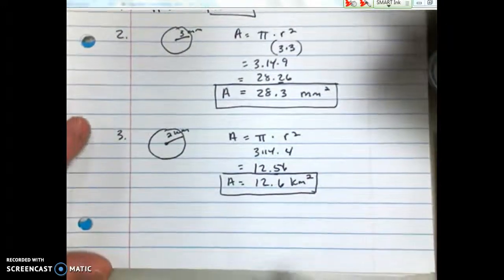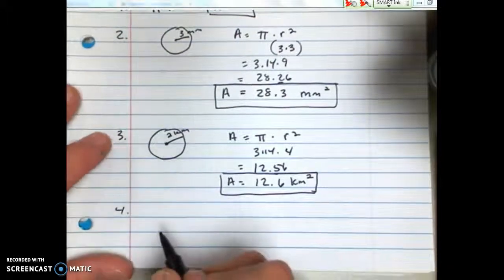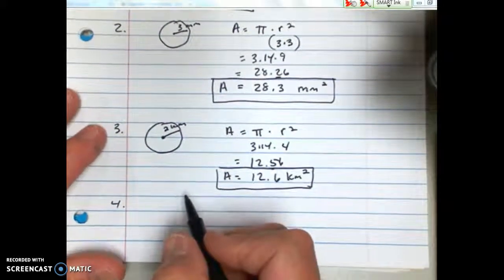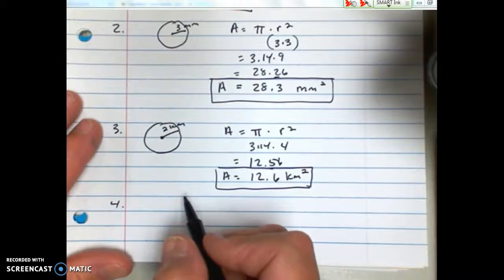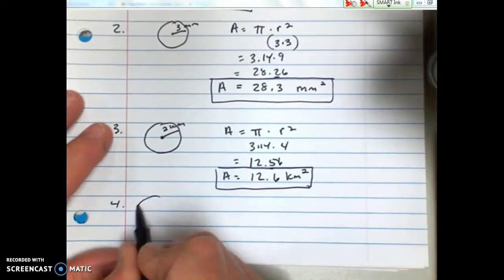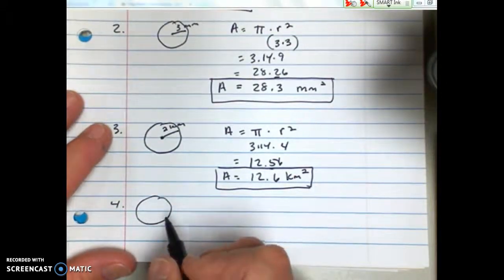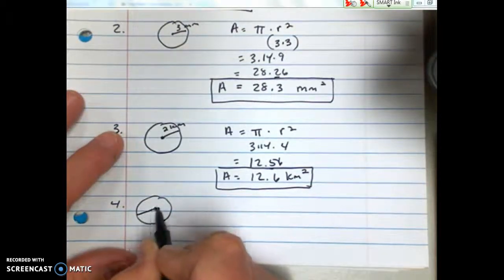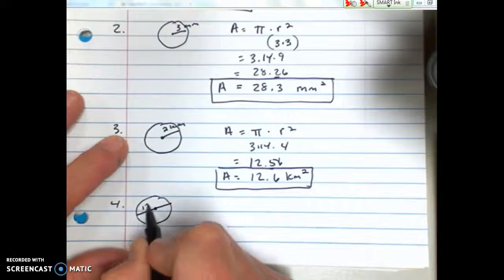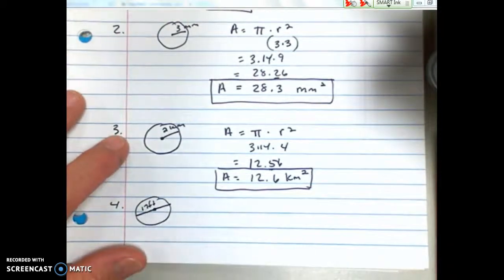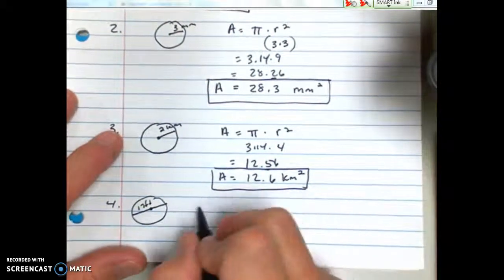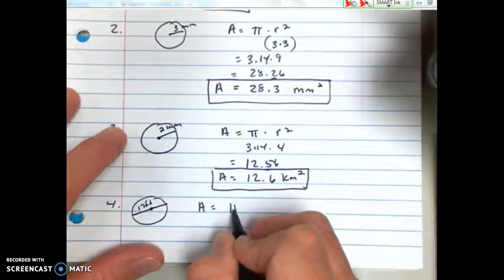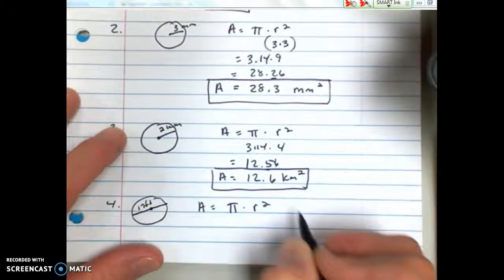Let's go on to number 4. Number 4, we're going to draw a circle with a diameter of 17 feet. So there's our center, and then our circle diameter is 17 feet. And we know that our area in this case is equal to, write that down, pi times radius squared.